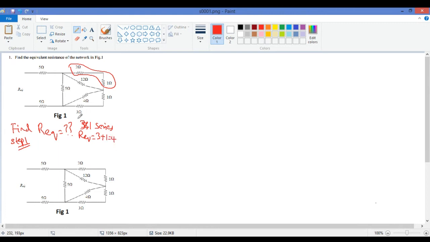So I will erase this. And similarly, you see this also, both of them are in series, correct? This 3 and 4 are in series, so we'll add them. So this also is gone.